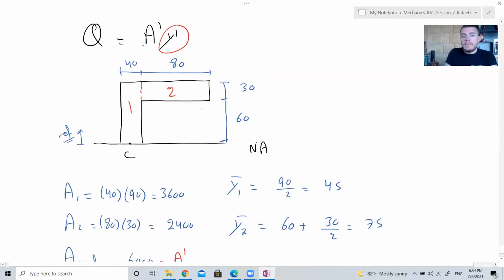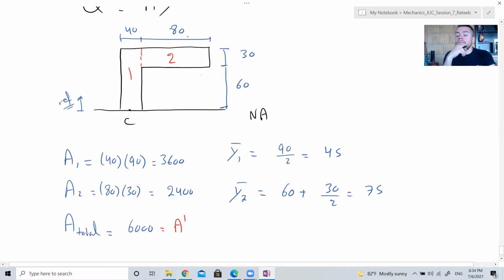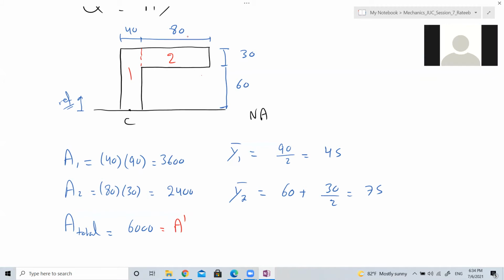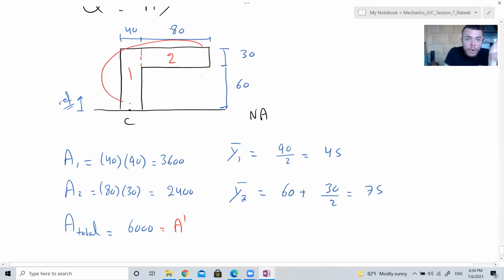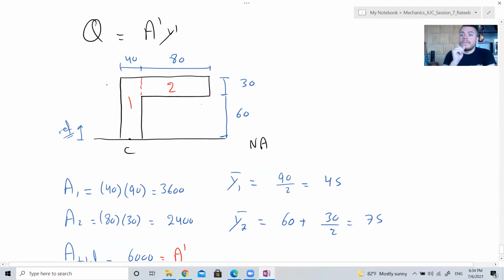What is y prime? It is the distance between the centroid of area prime and the neutral axis. Where is the centroid of the area prime? Zero? How is it zero? How do you find the centroid of this figure? Half of 45? No, not 45.